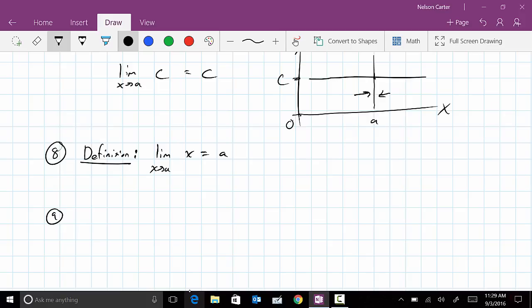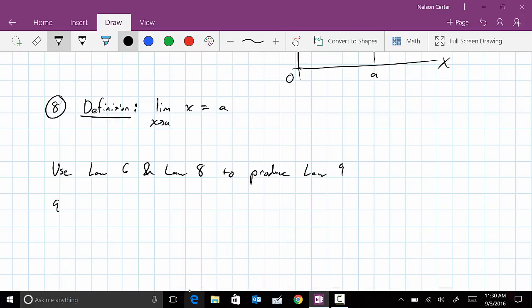We're going to use Law 6 and Law 8 to produce Law 9. So here's the 9th law.